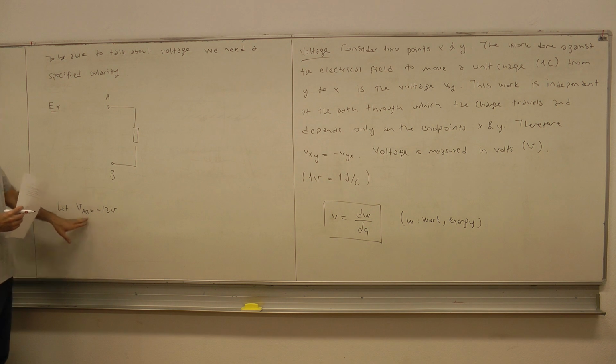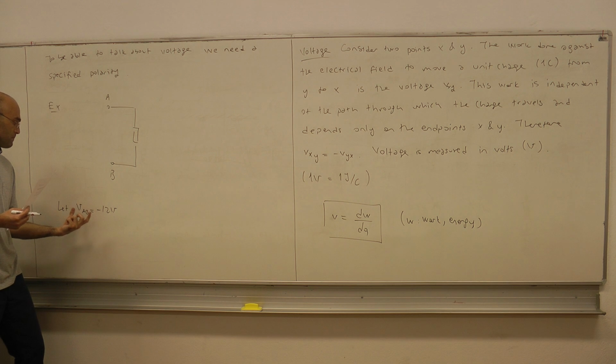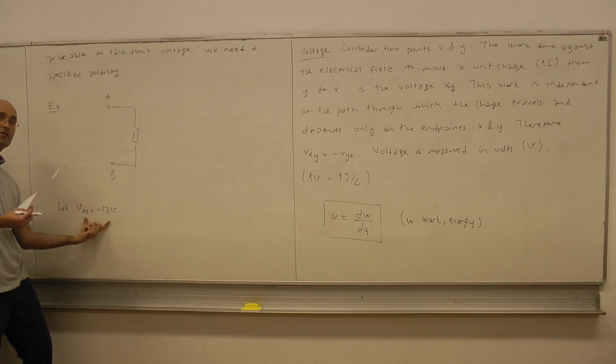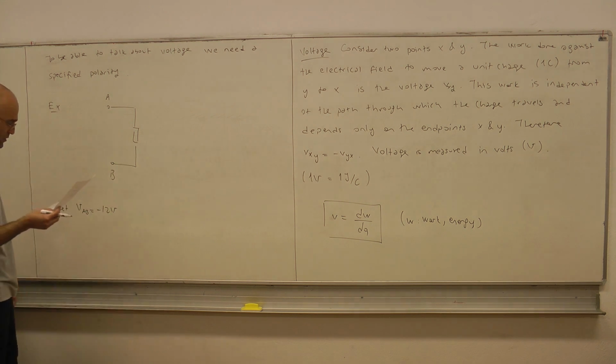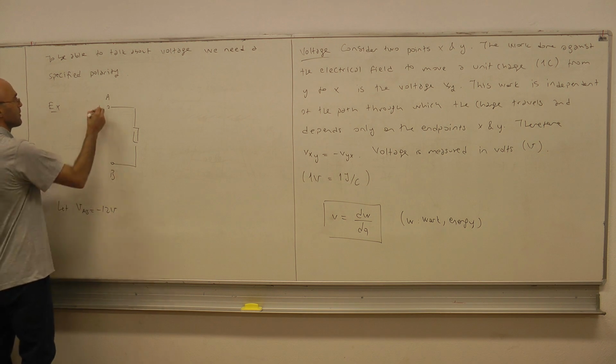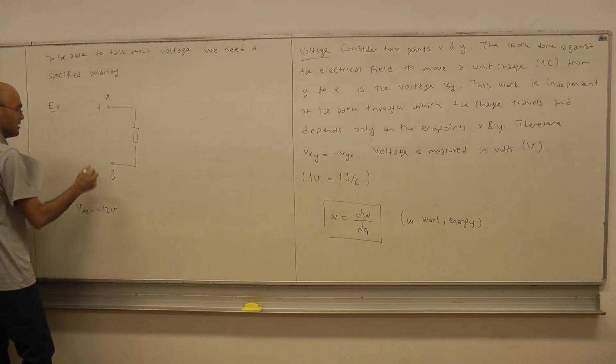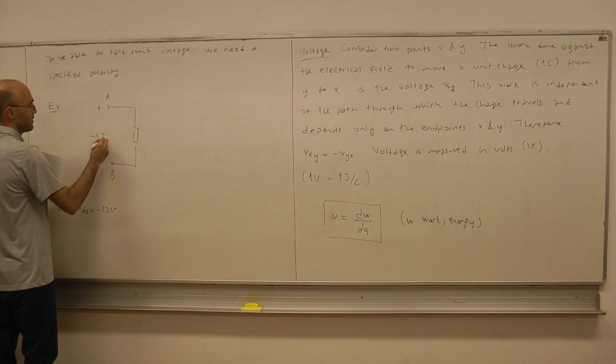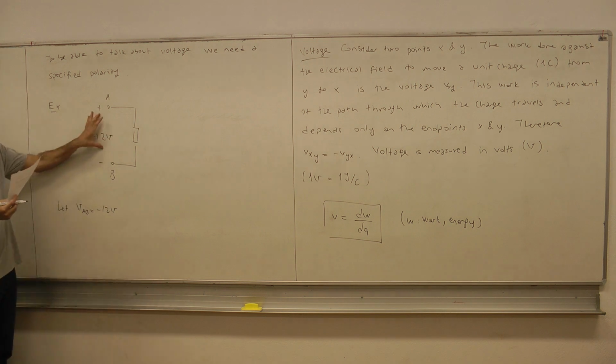Okay. So how we represent this statement on the picture is as follows. For A you put a plus, for B you put a minus, and then in between you write the voltage. Okay, so that's the voltage.